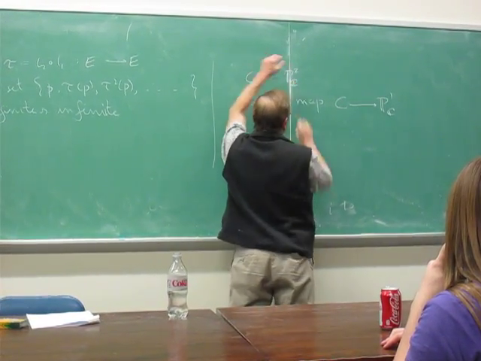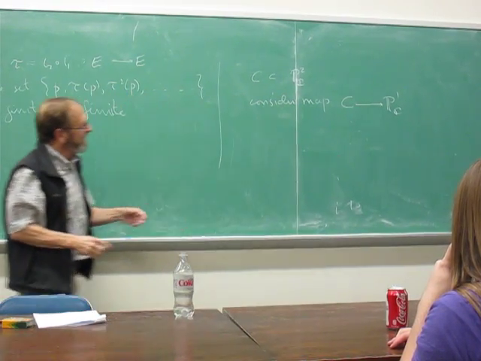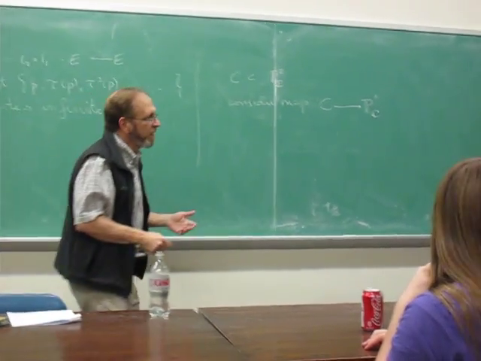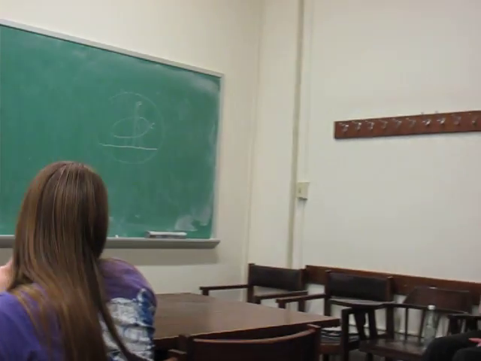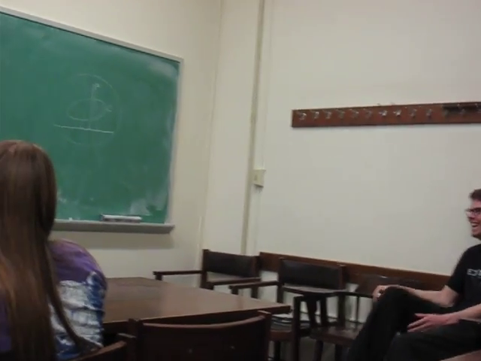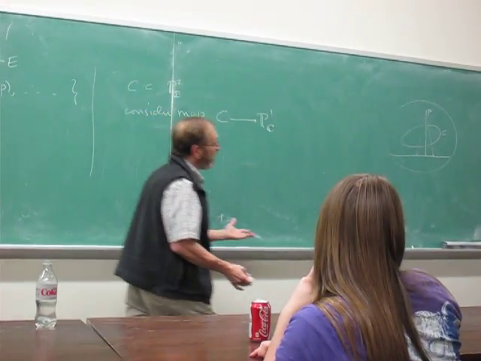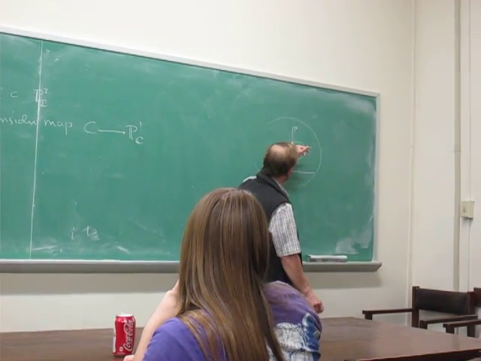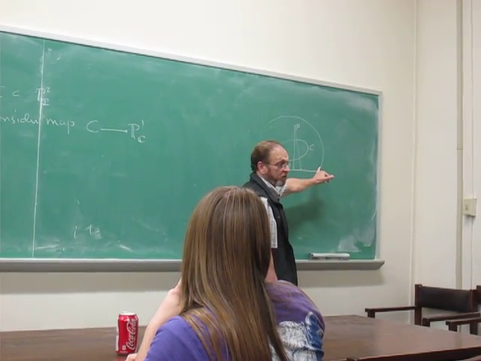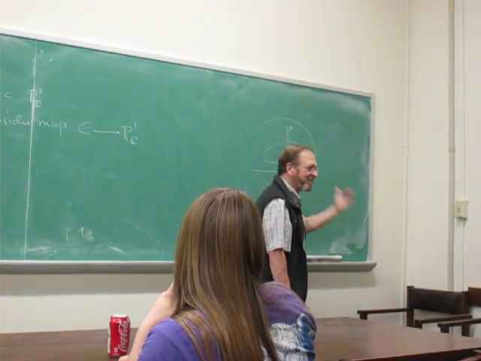You don't want your point P to be on the curve. No, that would be the simpler way of doing things. I agree. Then we could just check that this gives us an isomorphism of the curve with the line.